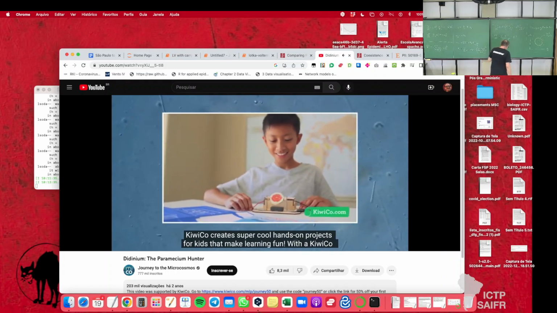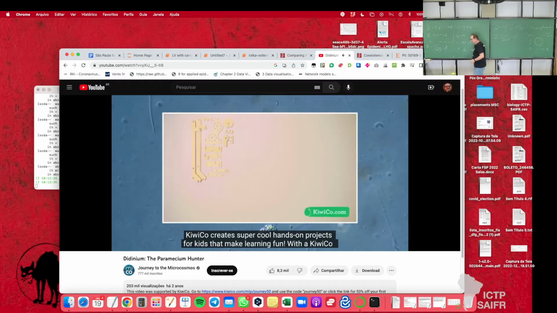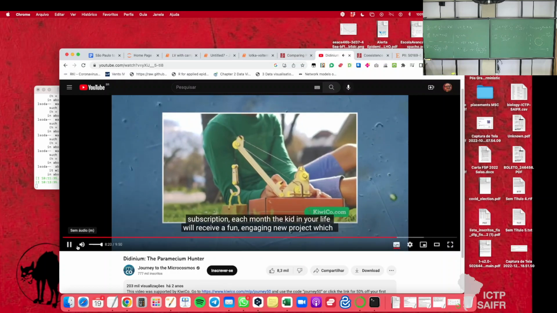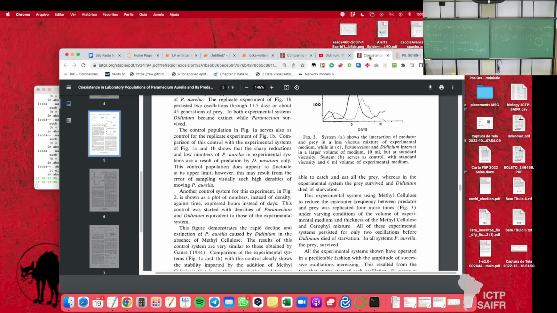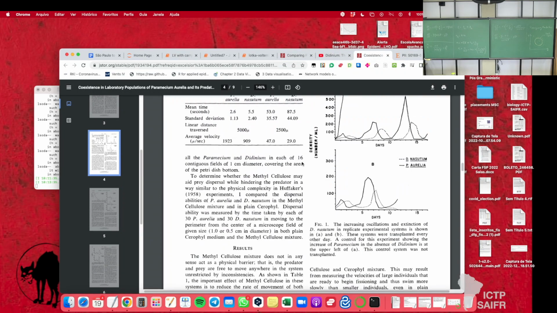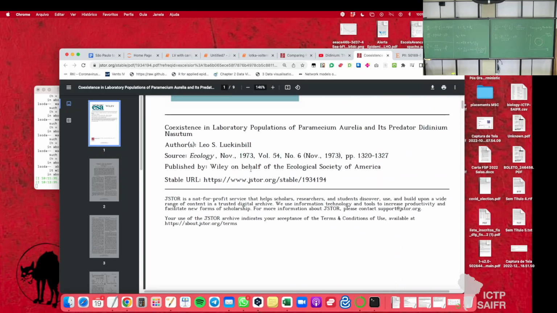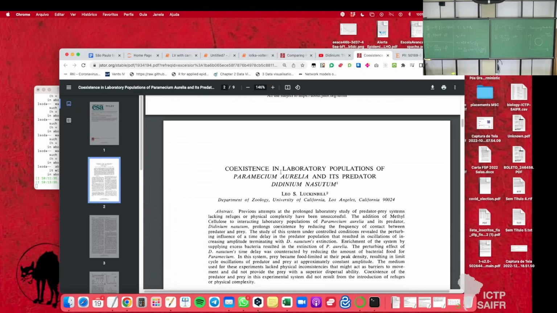But we have to wait until 1973 and a paper by Luckinbill, called Coexistence in laboratory populations of Paramecium aurelia and its predator Didinium nasutum.